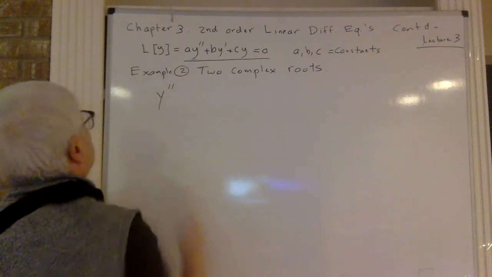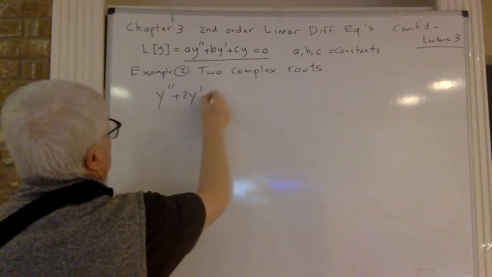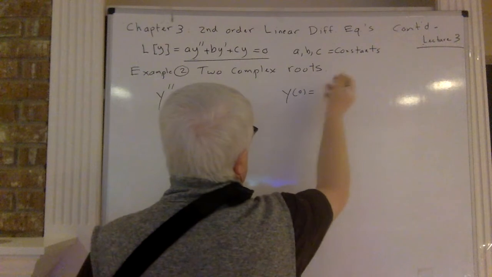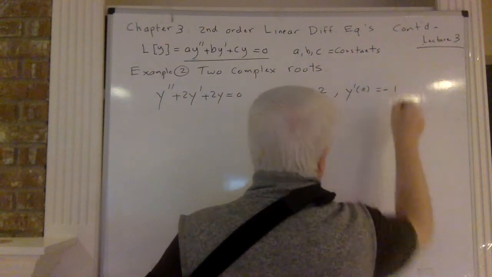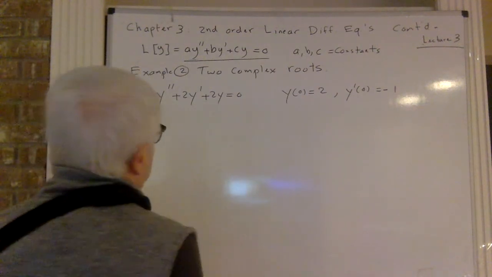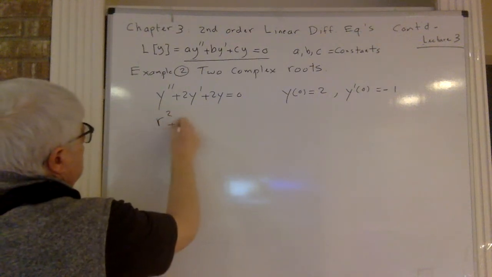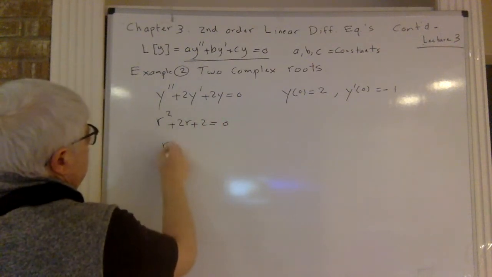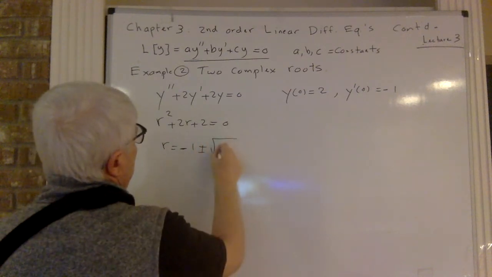y double prime plus 2 y prime plus 2y is 0. Let's say that y at 0 is 2 and y prime at 0 is negative. Initial conditions. So the characteristic equation is r squared plus 2r plus 2 is 0. So I have r is minus 1 plus minus the square root of 1 minus 2.